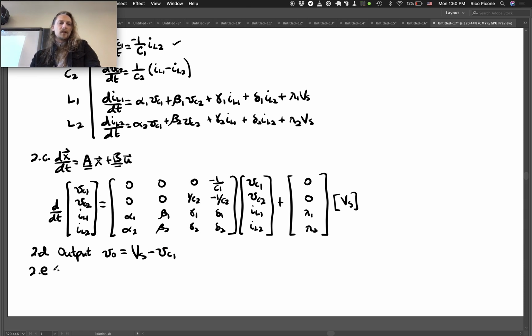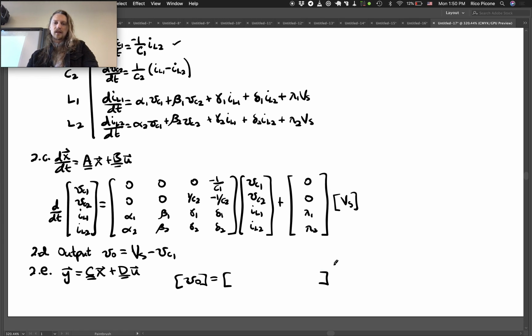So we showed that V out is just Vs minus Vc1, which just leaves the last step, which is to write the output in standard form, which is y equals the C matrix X plus the D matrix U. And for us, that is y, or we could write it as V out, equals the C matrix, which has got to be a 1 by 4 because we have to multiply the state vector, which is a 4 by 1.